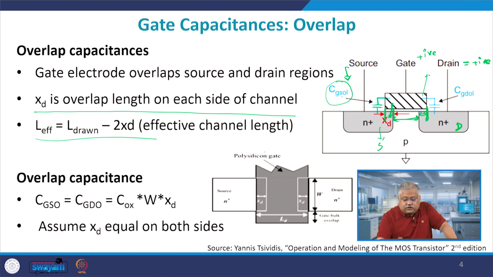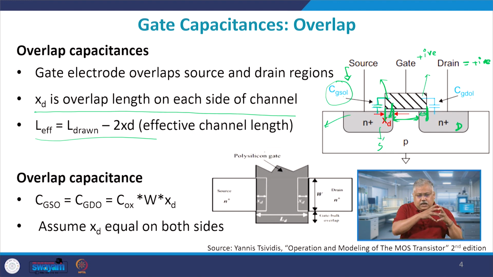So CGS, gate to source overlap, and gate to drain overlap, this is extrinsic. Why? Because the two charges are separated by a distance, and air is the separation here. So this is an external capacitance, and the one which is going through XD is known as the internal overlap capacitance.